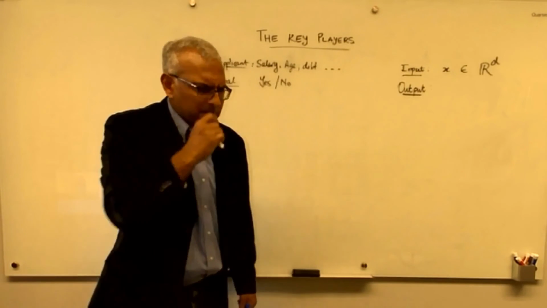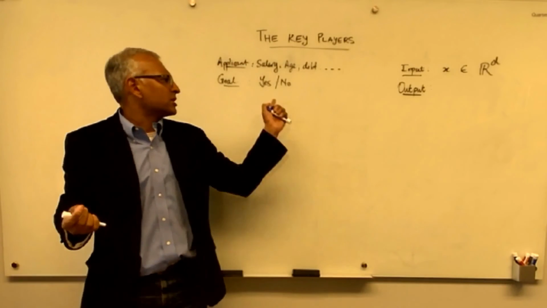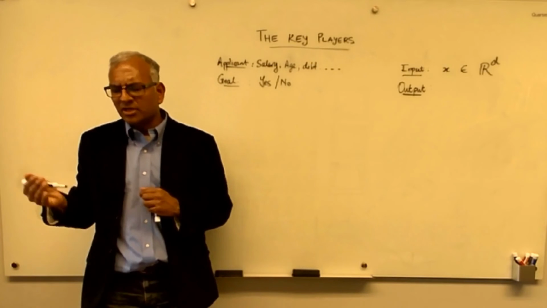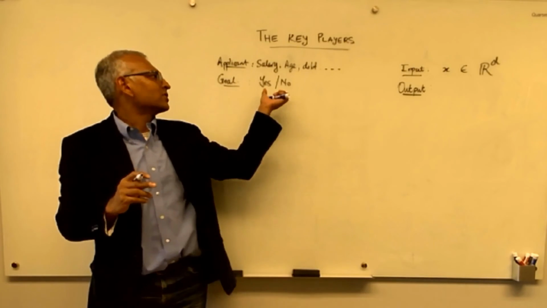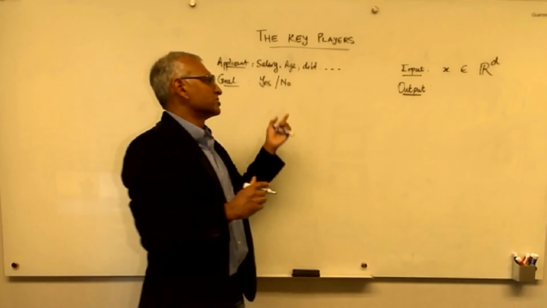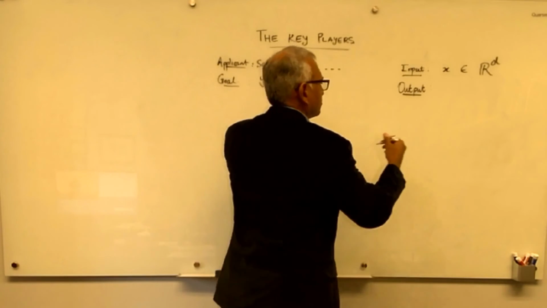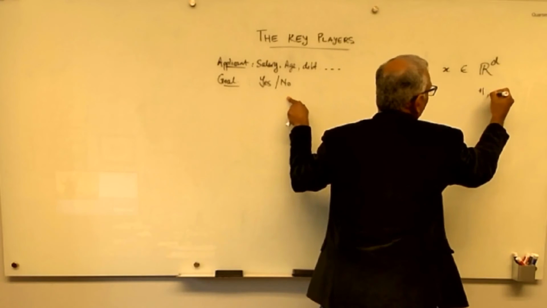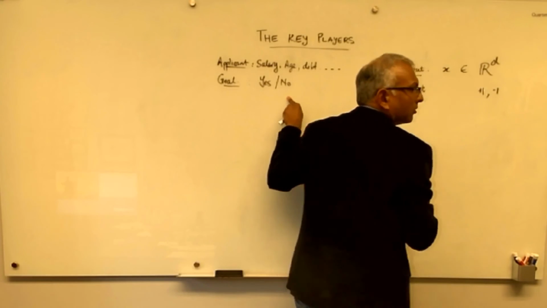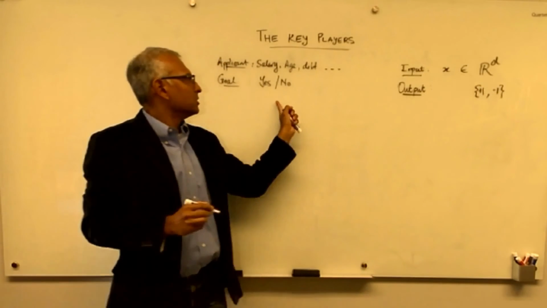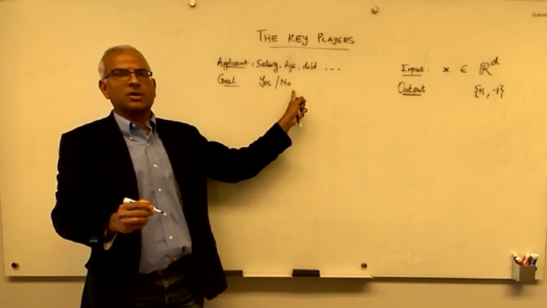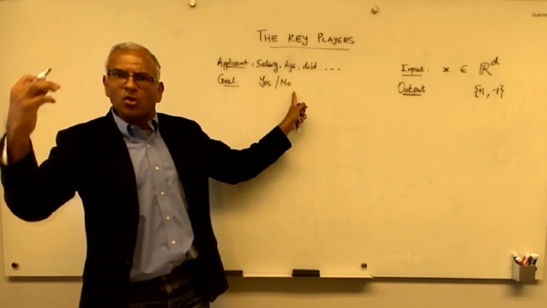Now we could encode the output as yes or no, but it's generally more convenient to exclusively live with numbers. So an equivalent way of encoding yes or no is just to say +1 for yes or -1 for no. So the output is either +1 or -1, and this output we will generically call y.